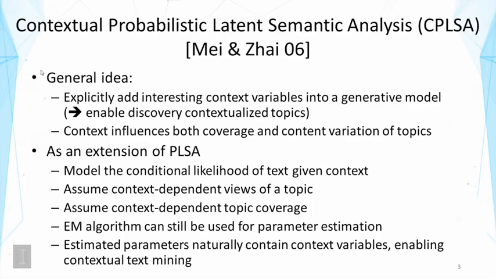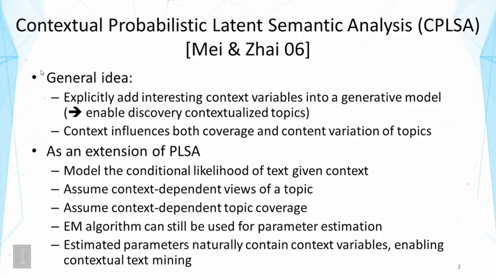Or in other words, we're going to let the context influence both the coverage and the content of a topic. The consequence is that this would enable us to discover contextualized topics, make the topics more interesting, more meaningful, because we can then have topics that can be interpreted as specific to a particular context that we're interested in, for example, a particular time period.